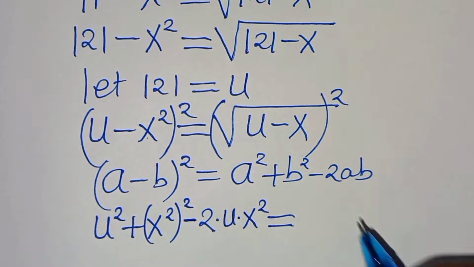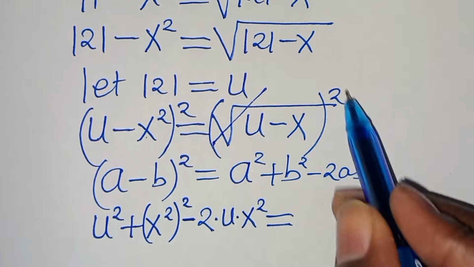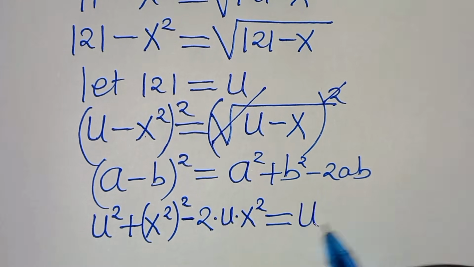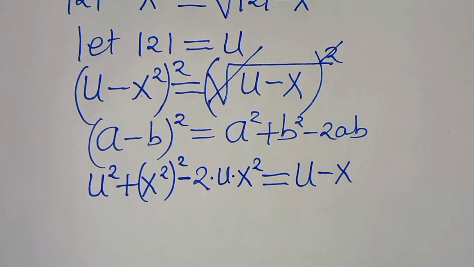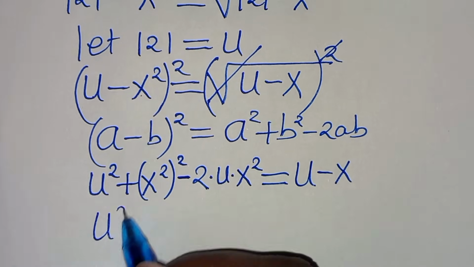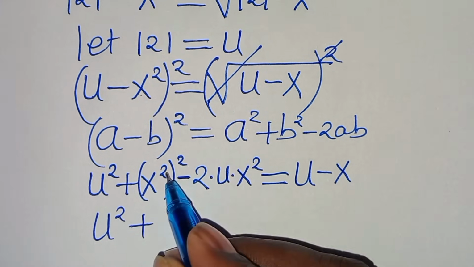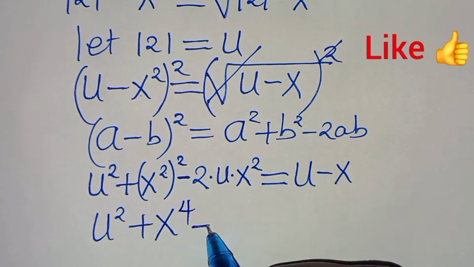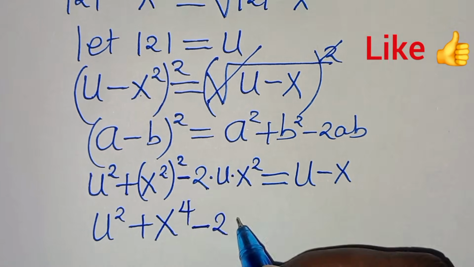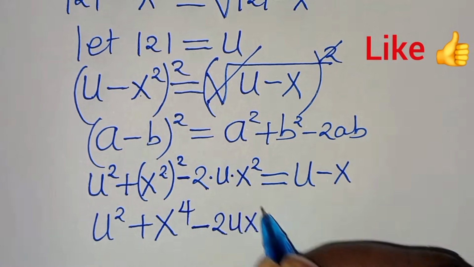This is equal to, now we eliminate the square root sign, so we have u minus x. So we have u squared plus x to the power of 4, then subtract 2u x squared.